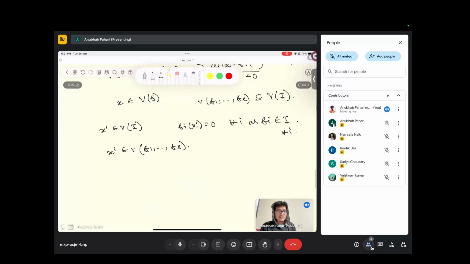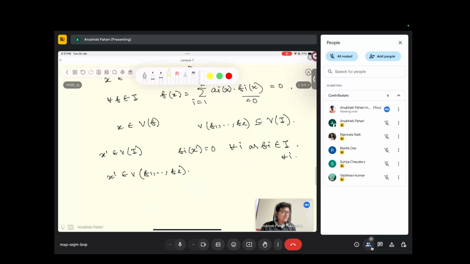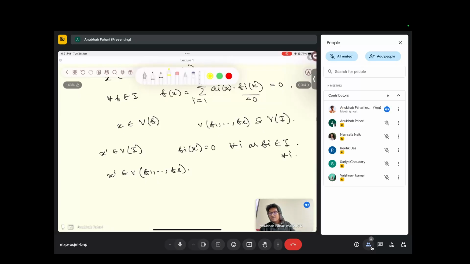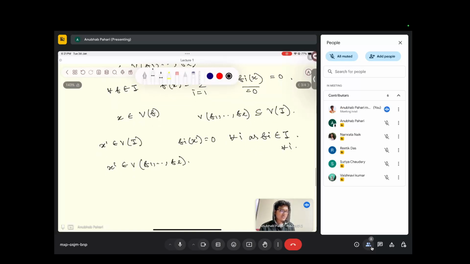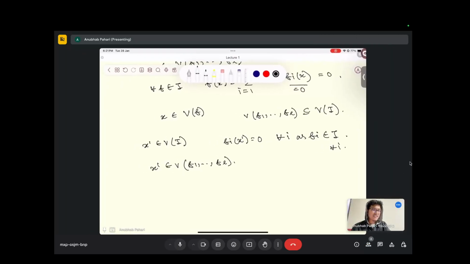Okay, now I think we should do our first problem. We know the operations on ideals, right? That was also explained in the first class, and I am assuming that you know this.